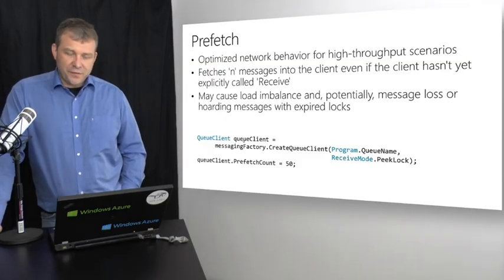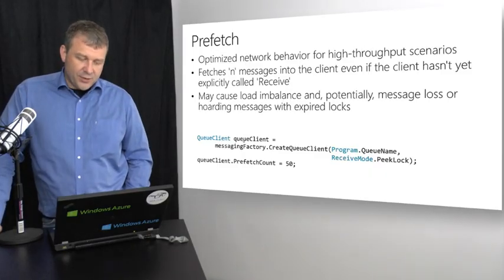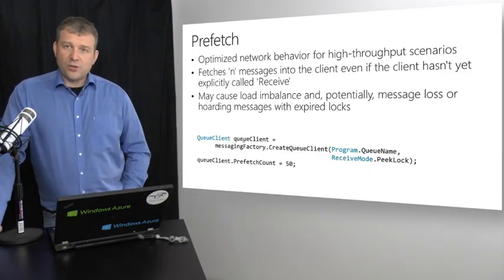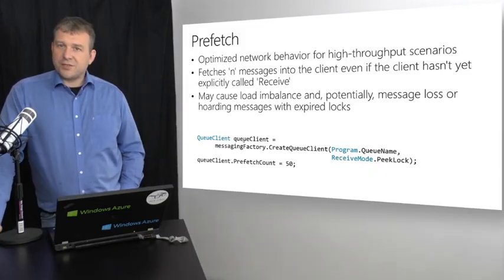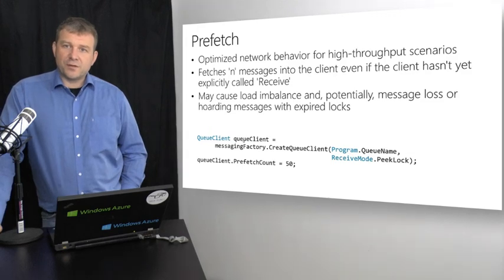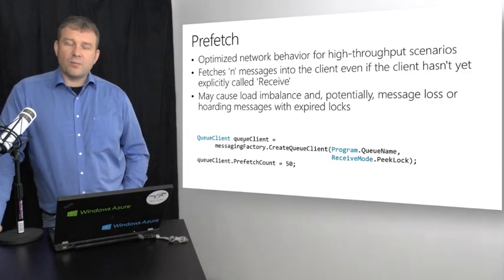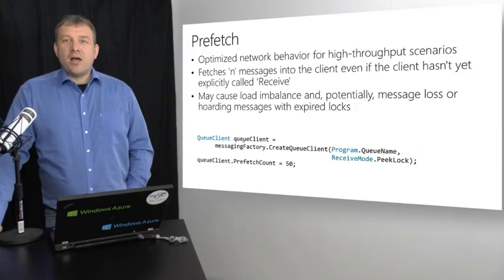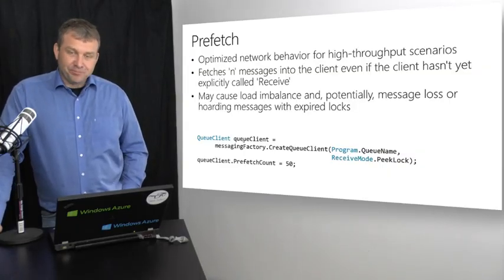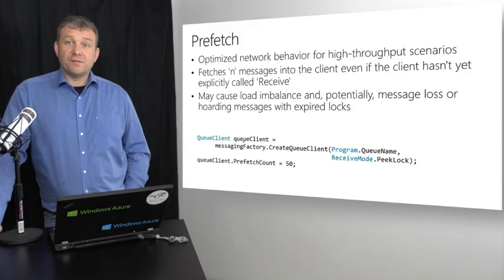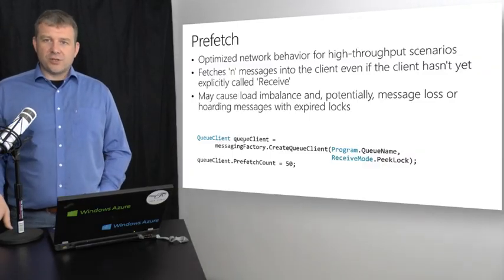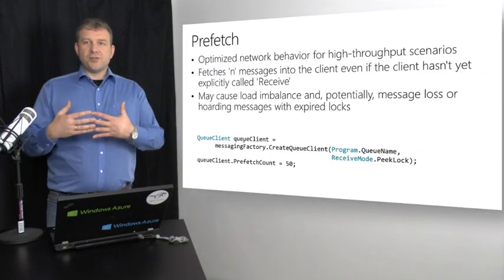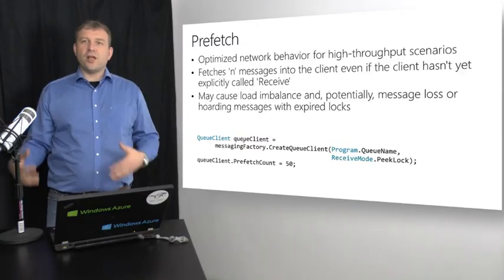So if you set this to 50, as we see in the example here, as you open up the queue client, as you start it, it will immediately receive 50 messages and try to get 50 messages into its prefetch buffer without you even saying anything. That is very fast. So it's much faster because it will anticipate that you will eventually call receive, and kind of decouples the actual network receive from you calling receive.